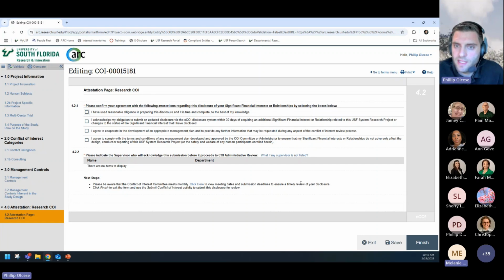And then our last page, we just basically have to confirm and agree that we're disclosing. We're being honest. We're not lying. We're not underplaying any of the remunerations we received. And we need to select a supervisor here.